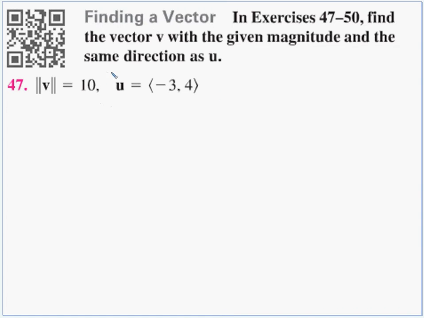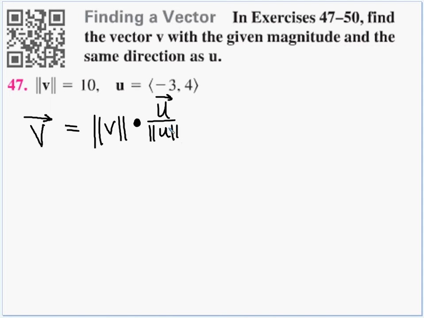So, some notation, we probably saw this somewhere in the lesson in our books. Here, I'm going to switch to black ink. Vector v, the vector that we're looking for, the one with this magnitude, is going to be equal to the magnitude that we want of vector v times the unit vector for u, vector u divided by its magnitude.